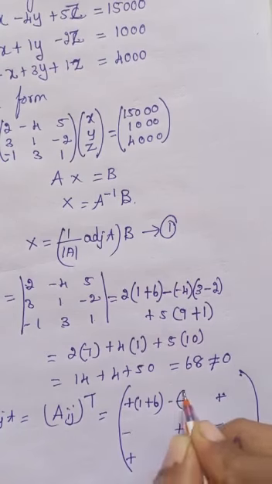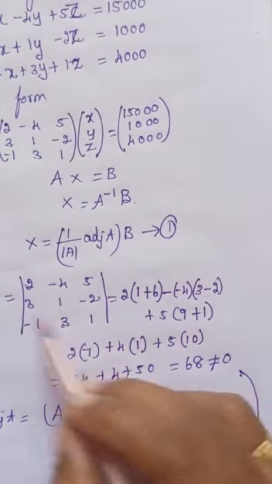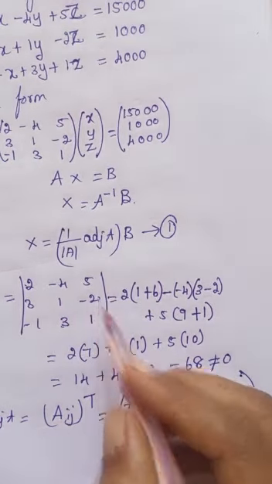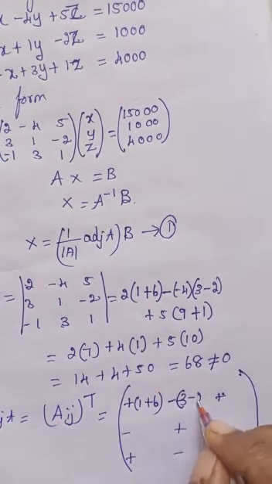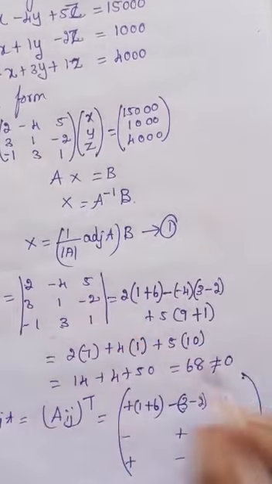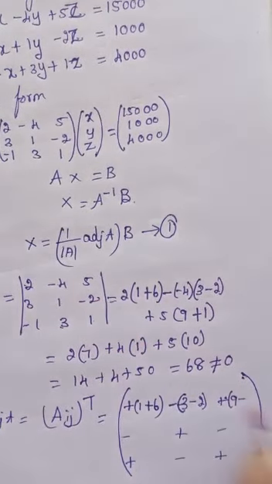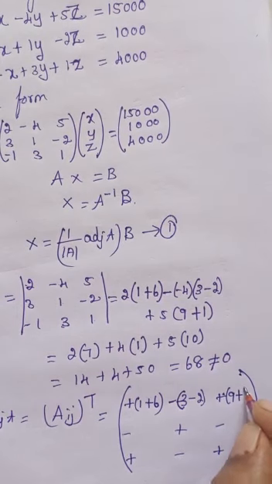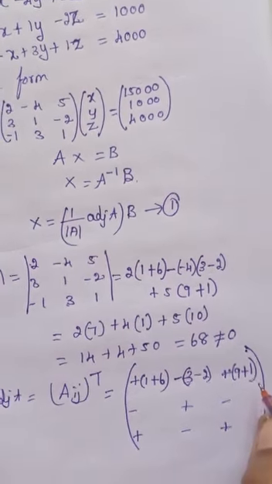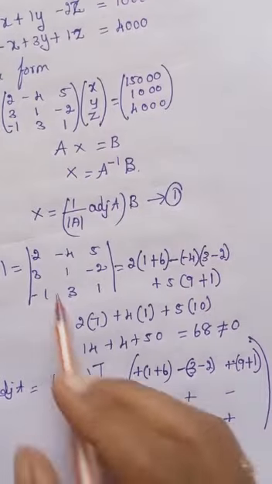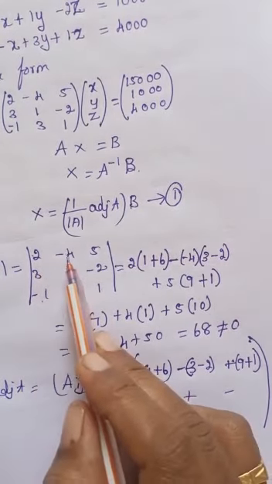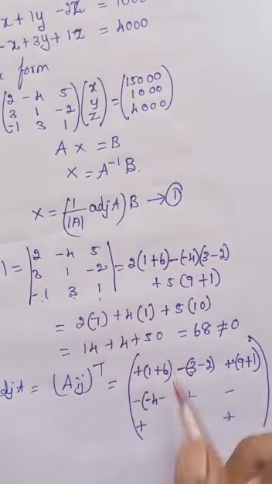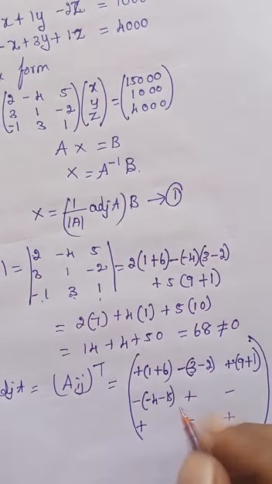And for the second value, 3 into 1, that is 3 minus 1 into minus 2, that is plus 2. For this, 3 into 3, 9 minus 1 into 1, that's minus 1. Since here we have a minus, it will become plus 1. Now for this position, leaving the row and column, minus 1 into 1, minus 4, minus 3 into 5 is 15.